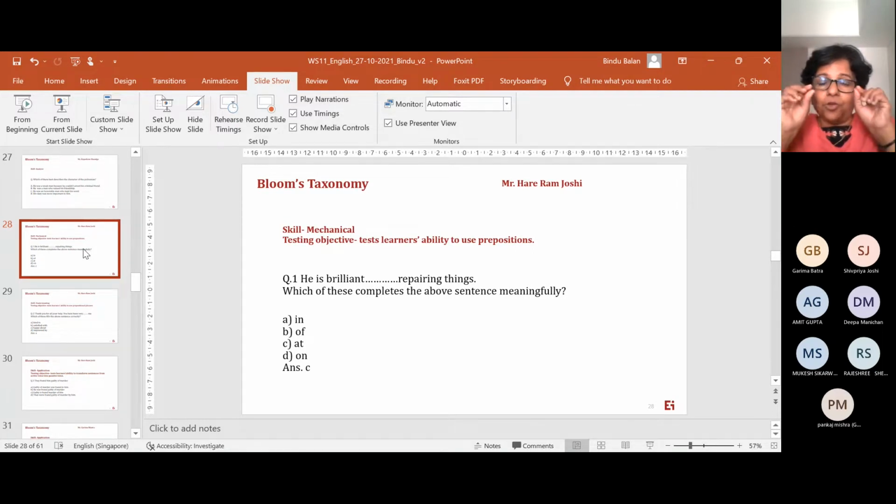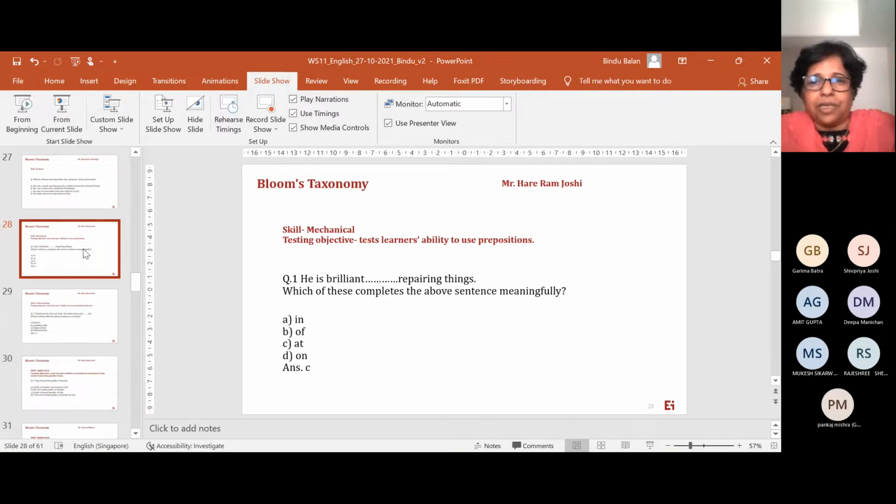So if you're looking only at prepositions of manner and you're asking them to just recall and apply, but here the child has to understand that no, this is asking for a preposition of manner, and then remember what the prepositions of manner are, and they cannot automatically come to the correct answer.